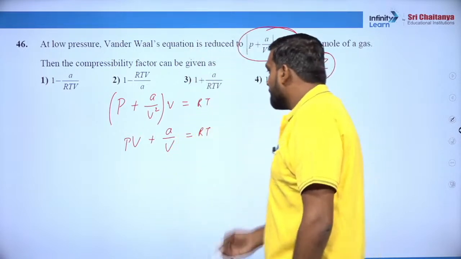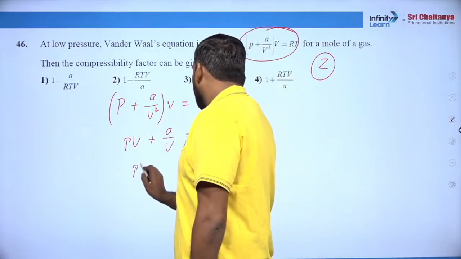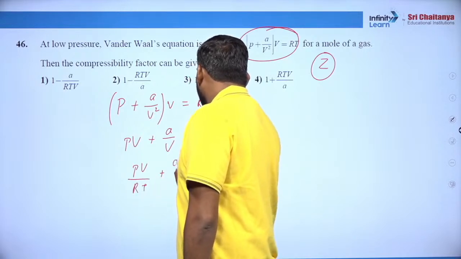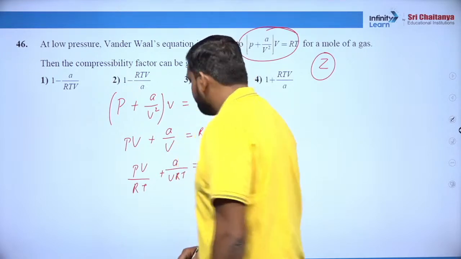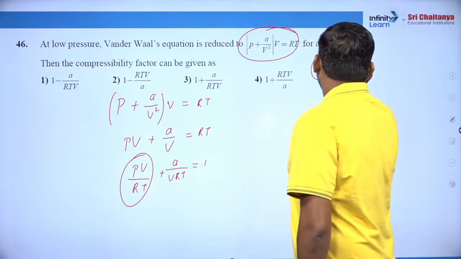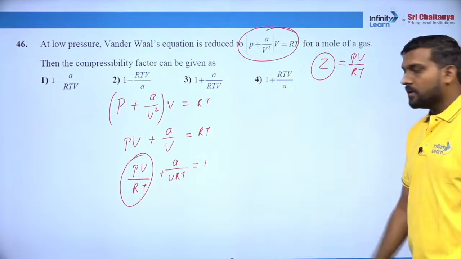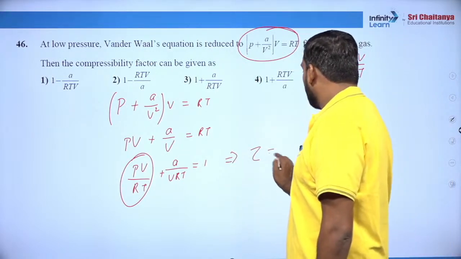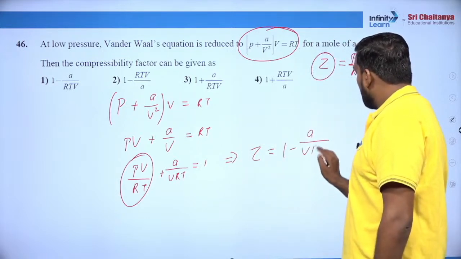Now if you divide the whole equation by RT, it will become PV by RT plus a by VRT is equal to 1. Now this is just the Z. The Z is nothing but PV by RT. So you can calculate it from here. Z is equal to 1 minus a upon VRT.